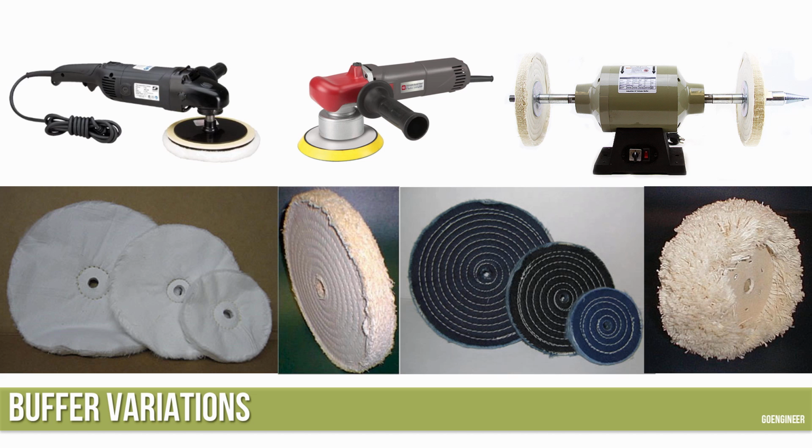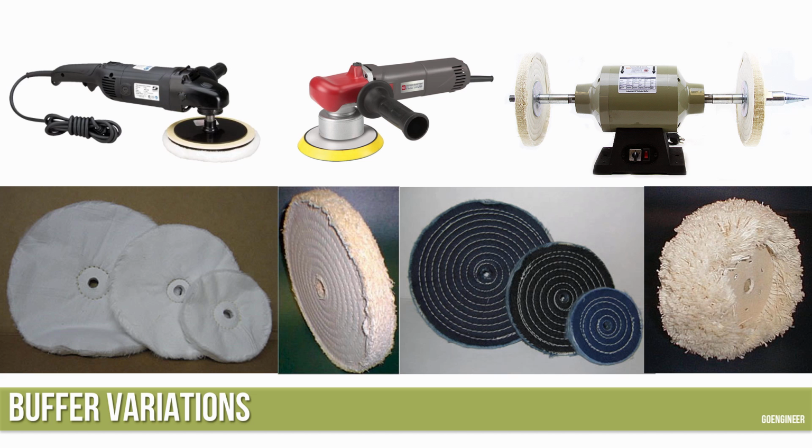Those are great because not only do they rotate like a grinder or a sander, but they also vibrate, so you're less likely to have swirl marks. And then the benchtop buffer is actually what I wanted to use. I just didn't have mine set up at the time with the string wheel, which is what you see on the far right side. A benchtop buffer with a string wheel, I think, would have been the best option for the parts I was doing.